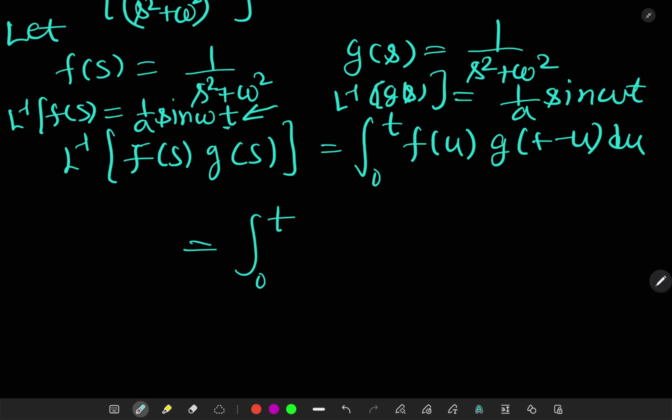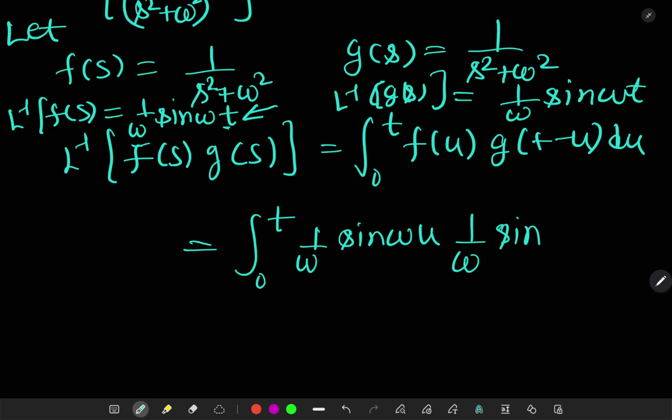Here in this value we put u instead of t, so this term becomes, oh sorry, this is not a, this is w, so we can write this as 1 by w sin wt minus u du.